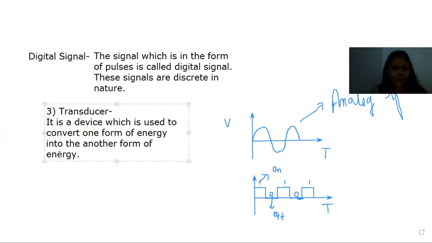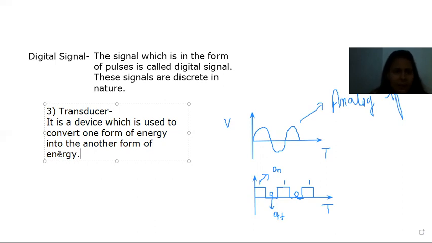Students, we discussed that we can't transmit the sound waves directly through the transmitter. First of all, we have to convert that sound wave into the electrical form.